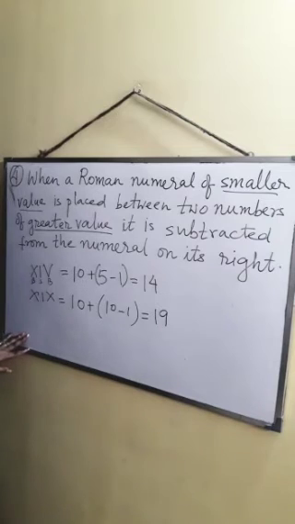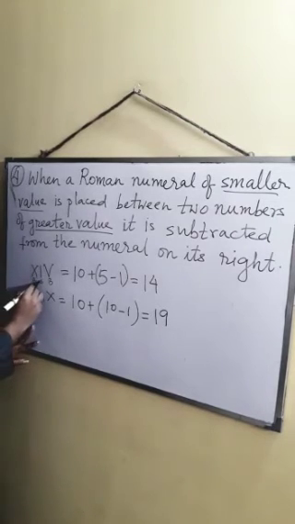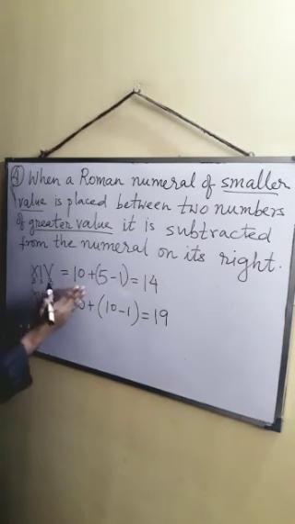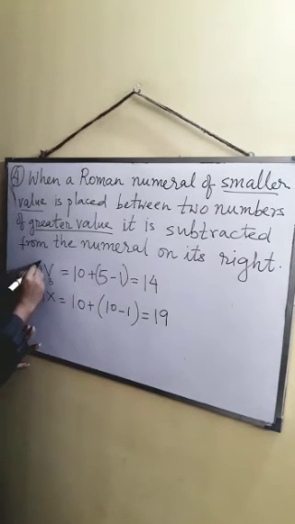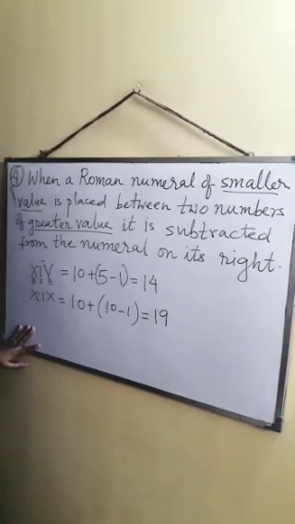So how will you write? You have to subtract this smaller number from the bigger number on the right side. Then this whole thing will get added to the bigger number on the left side. So you will subtract this and you will add to this.